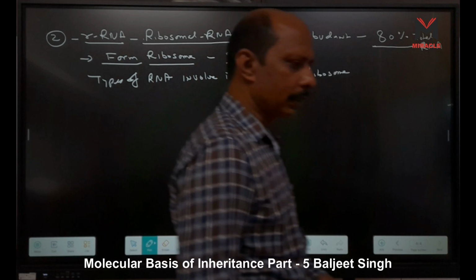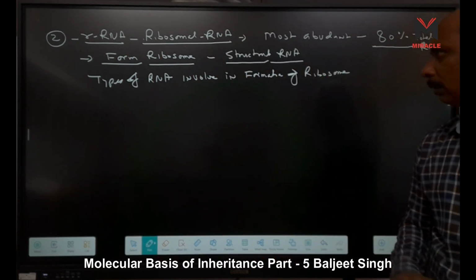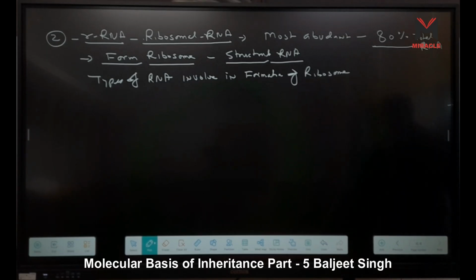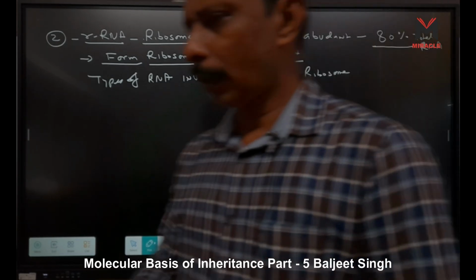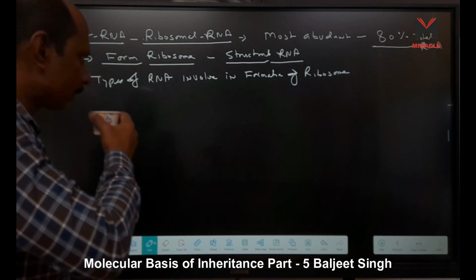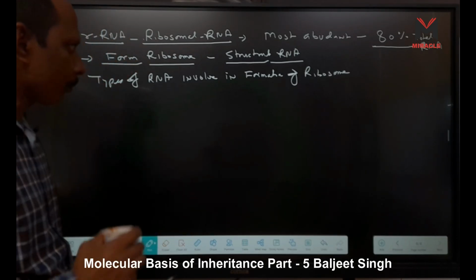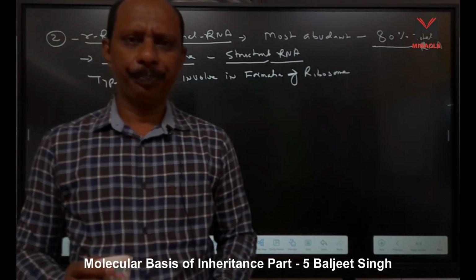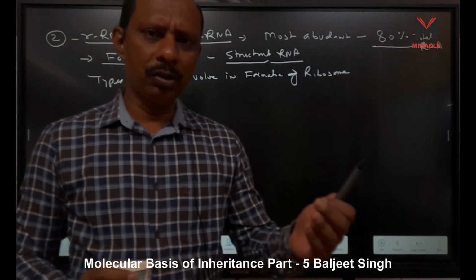One is called 70S and another one is called 80S, right? 70S means it has two subunits, one is called 50S and the other one is called 30S.